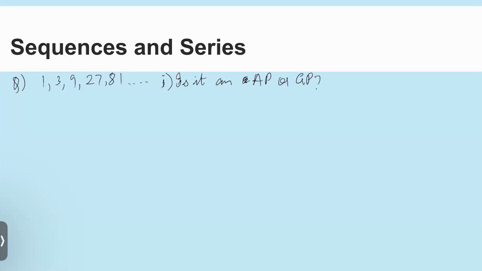Let's see if it is an AP or GP, then find the formula for an. Suppose for an AP, your a2 minus a1 should be your d.